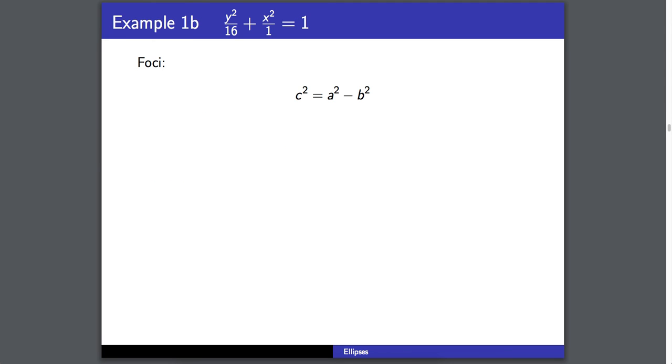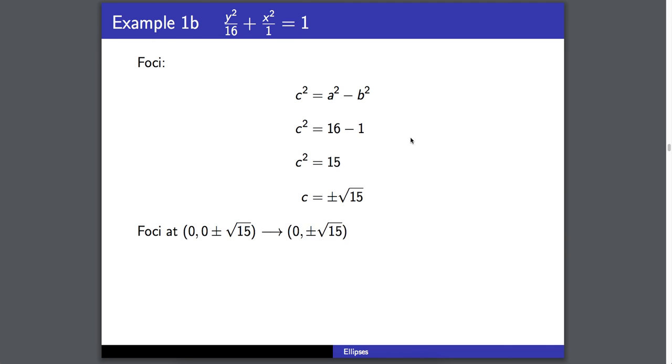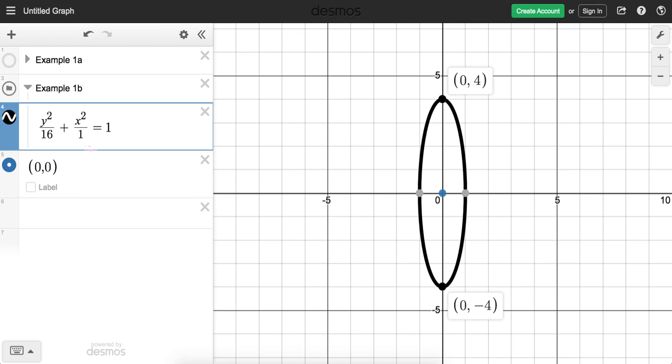For our foci, we're going to take a squared is 16 minus b squared is 1. So 16 minus 1 is 15. And we get the square root of 15. So our foci are at 0 and then plus or minus the square root of 15.